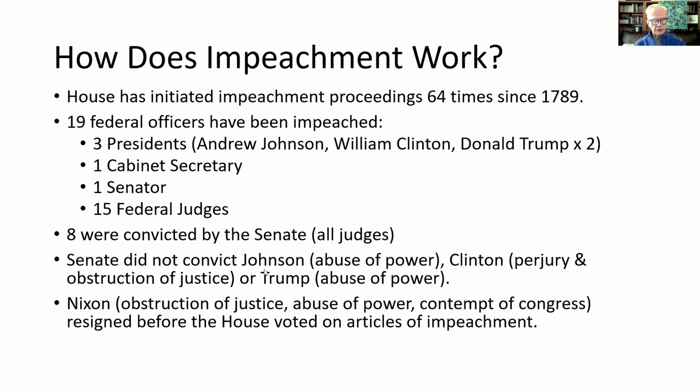Richard Nixon, who was elected in 1968 and reelected in 1972, was investigated for his role in the break-in at the Watergate complex, where the Democratic National Committee had its headquarters. He was investigated for his role in a cover-up of the burglary. It became clear by about 1974 that the House was going to vote on impeachment, and they would impeach Nixon.